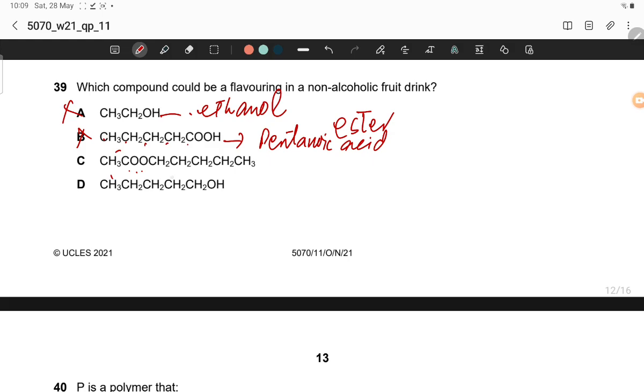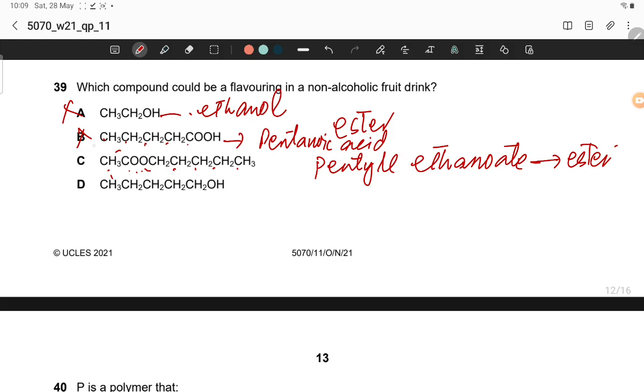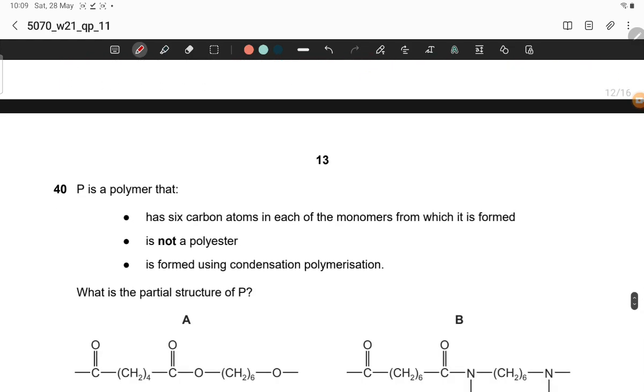CH3COO, this is 1, 2, 3, 4, 5, pentyl ethanoate. So this is an ester, and it could be a flavoring in a non-alcoholic fruit drink.